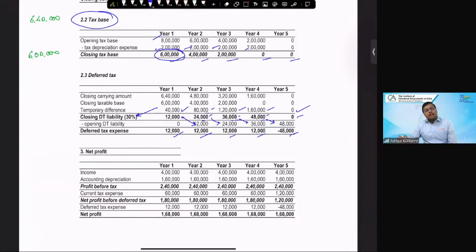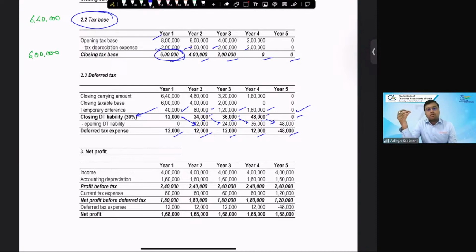The P&L approach had certain limitations. What kind of limitations? Suppose that you impaired an asset in line with Ind AS 36. Is impairment allowed under tax laws? No, it's not allowed under tax laws.